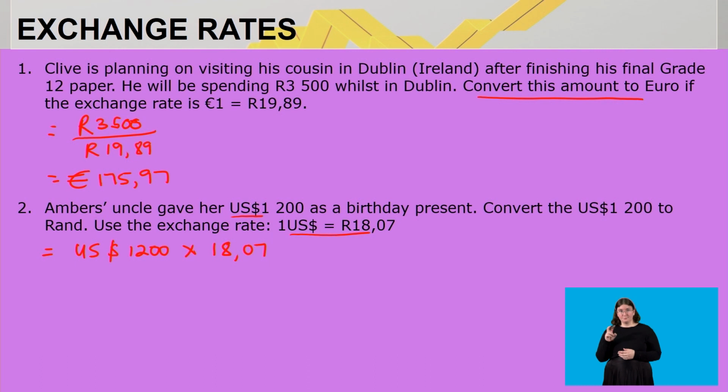So 1,200 multiplied by 18.07, that will give us an amount of, remember it is now, sorry, not US dollar, but South African rand. So that becomes 21,684 rand. Quite a lucky girl, Amber, to get 21,684 rand as a birthday present.